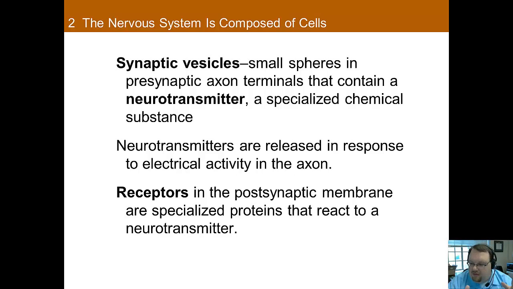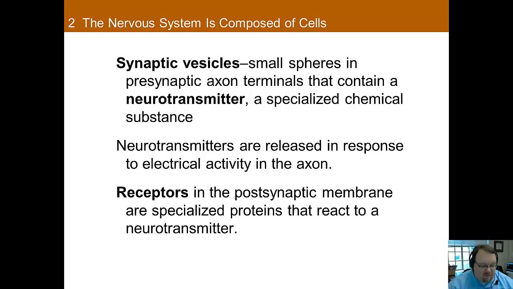So these dump out into the synapse, and this happens, as you see on the second point, in response to the electrical activity in the axon. The signal comes down the axon, which causes these chemical messengers to be released into the synapse, and then those connect with receptors on the postsynaptic membrane that are just specialized proteins designed to react to that neurotransmitter.